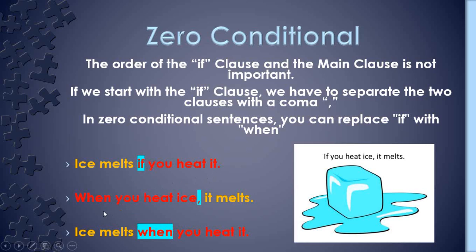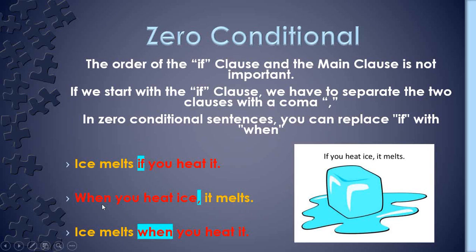Here, for example, when you heat ice, comma, it melts. Here we can see that we are replacing the word if with the word when, like here. In zero conditional sentences, you can replace if with when.